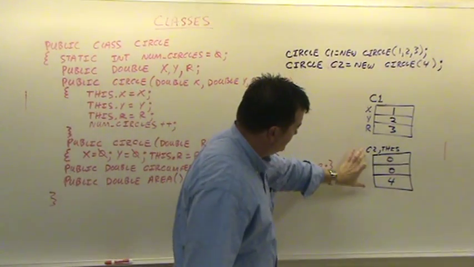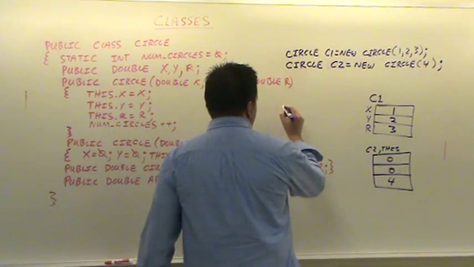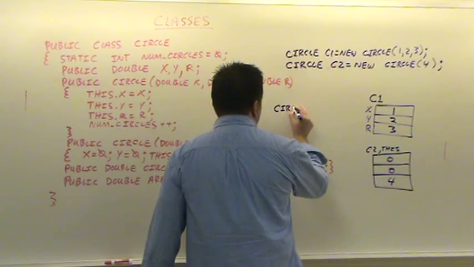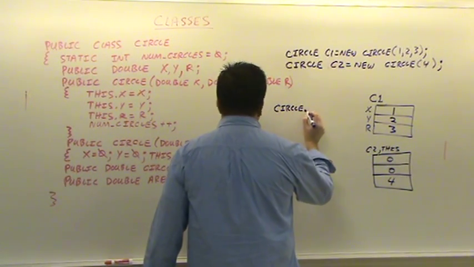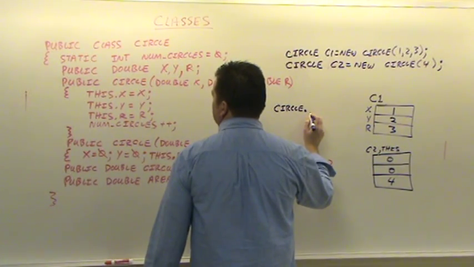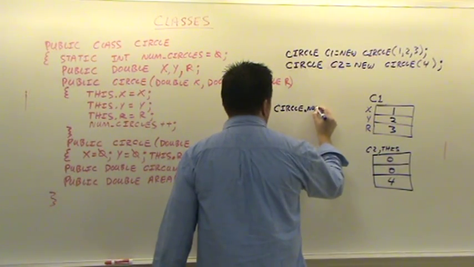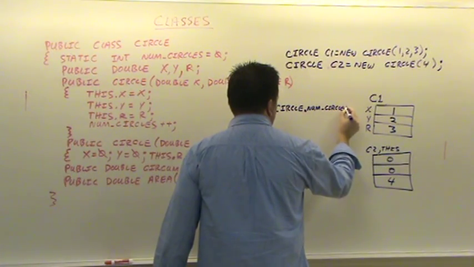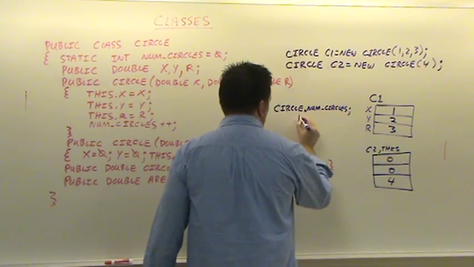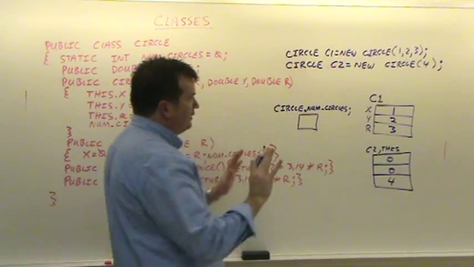Like this is a circle and this is a circle. Then there is a circle, we'll call it circle dot num. There's one piece of storage for the entire class.